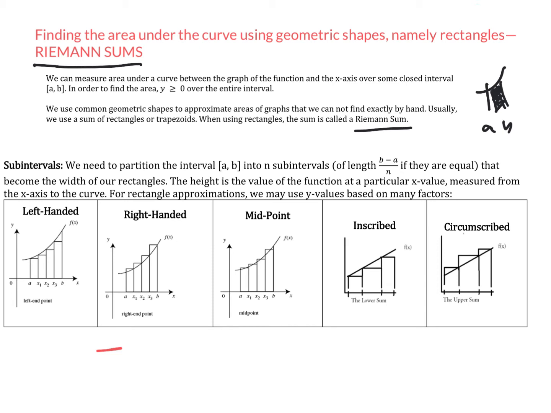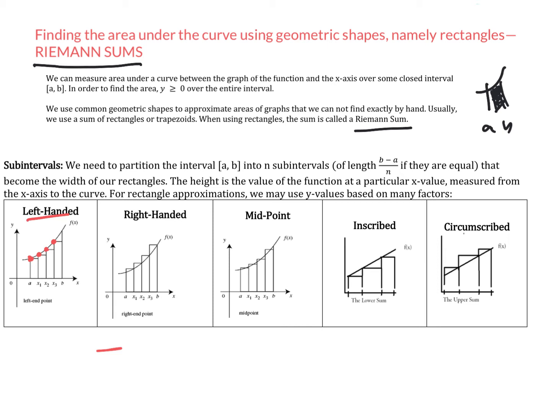But there are a few specific types of Riemann sums that are commonly referred to, so I want to make sure we have that vocabulary down before we move into some examples where we're going to look at the area under the curve. So first up is a left-handed Riemann sum. A left-handed Riemann sum uses rectangles where the left-hand x value of the curve determines the height of each rectangle.